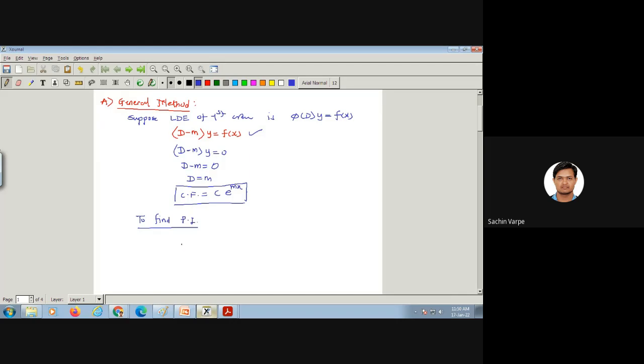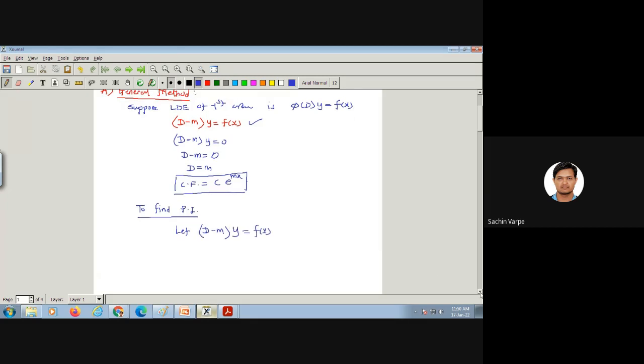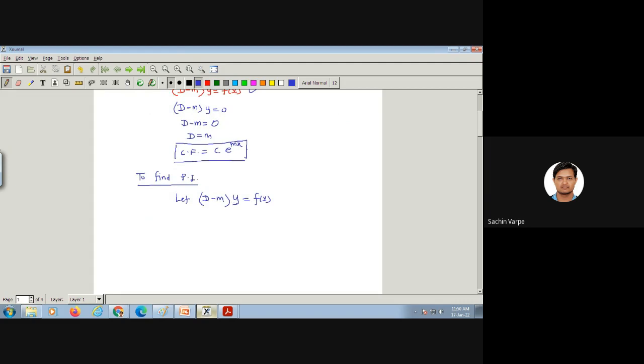Consider, let D minus m into y is equal to f of x. So if we resubstitute the value of D, which is d by dx, and by multiplying by taking y inside, what we'll get, dy by dx minus my is equal to f of x. So this is linear differential equation of first order first degree.